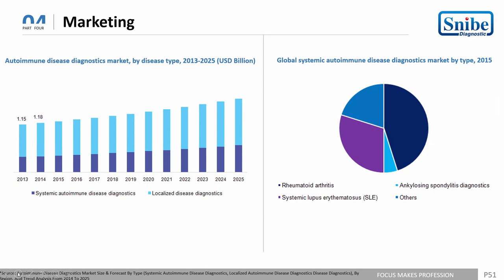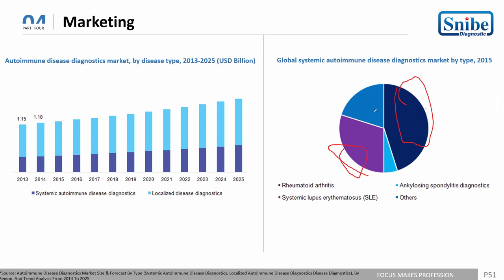If you talk about the autoimmune disease diagnostic market by disease type, like systemic autoimmune disease diagnosis or localized disease diagnosis, there is a ratio with different data, and then the global systemic autoimmune disease diagnosis market is shown in a pie chart. The pie chart shows that rheumatoid arthritis is the most common part of the autoimmune disease market share. The second is systemic lupus erythematosus, that's SLE.